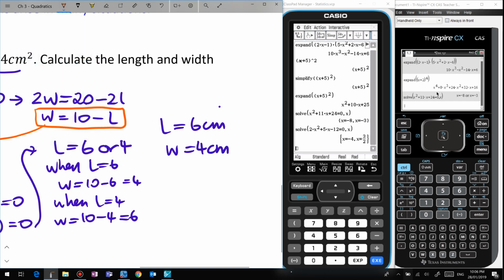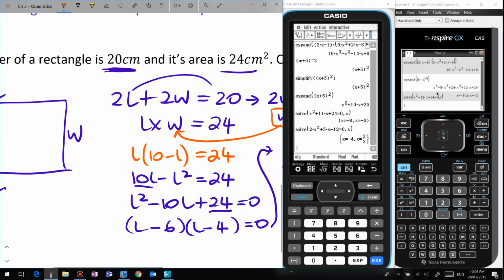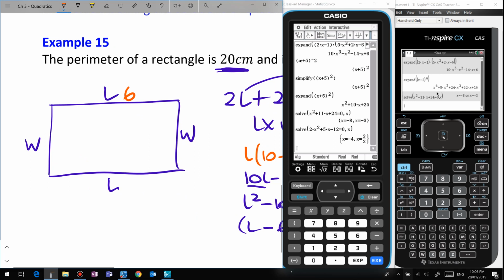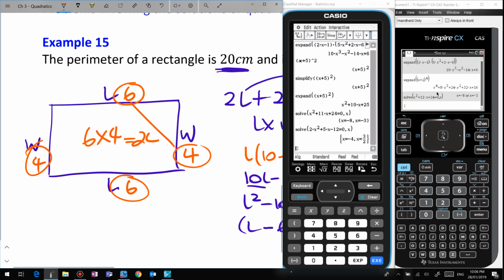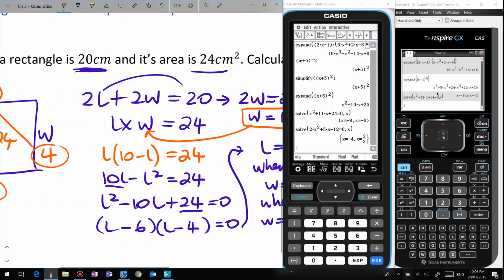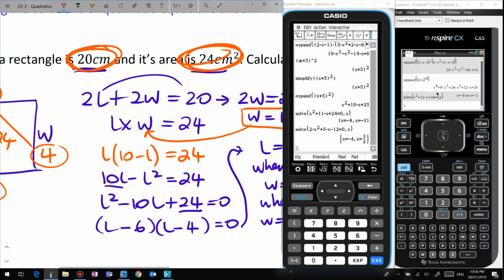So that's our solution to that question, and we can test. 6, 6, 4, 4. 6 plus 4 is 10, plus 6 plus 4 is 20. 6 times 4 is 24. So our perimeter is 20, and our area is 24.